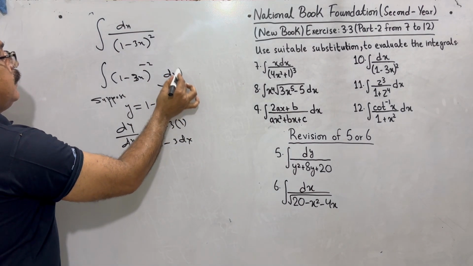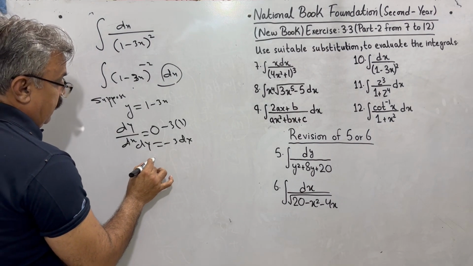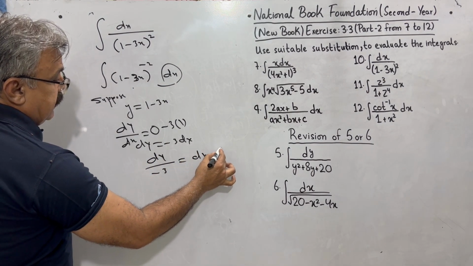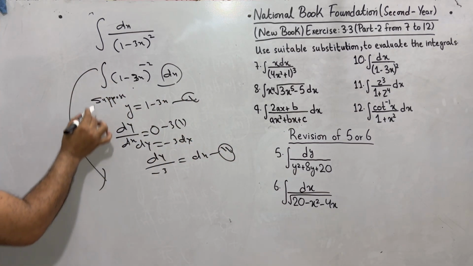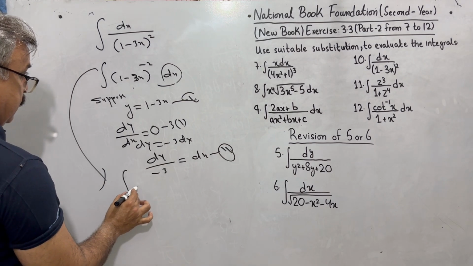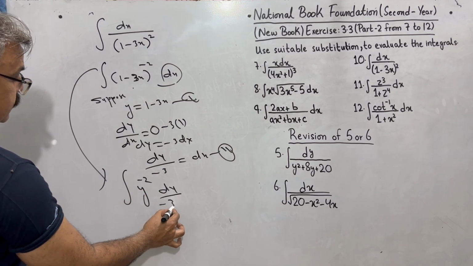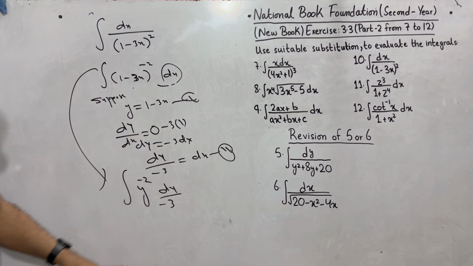So dx is dy divided by negative 3. This is the second value, this is the first value. Both substitute in the original integral. We have y raised to minus 2 times dy over minus 3.